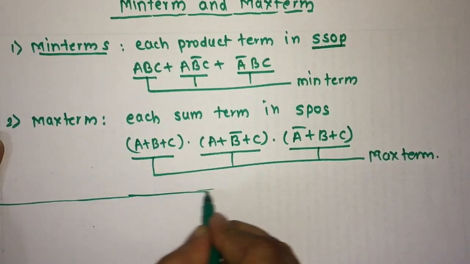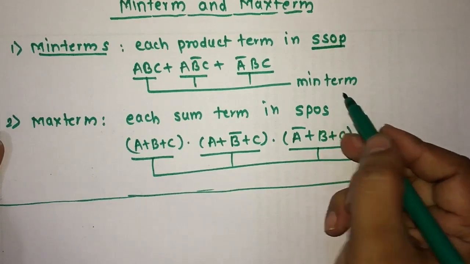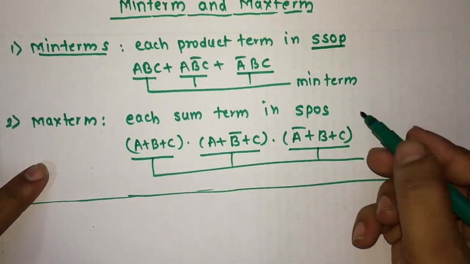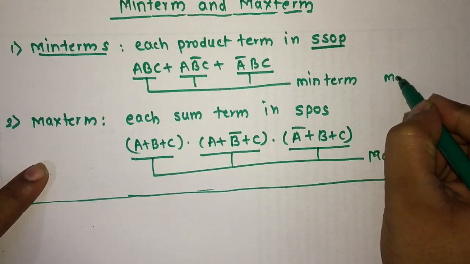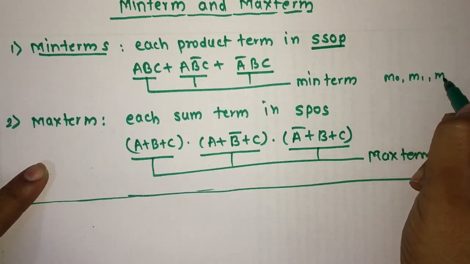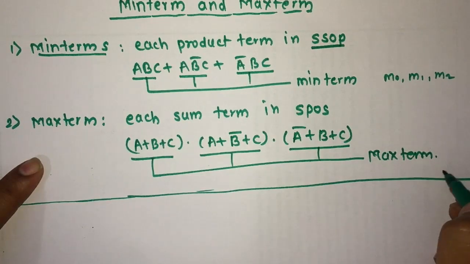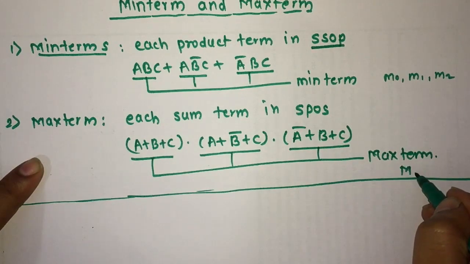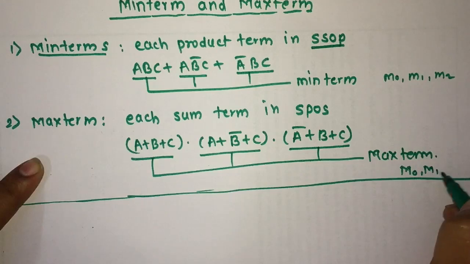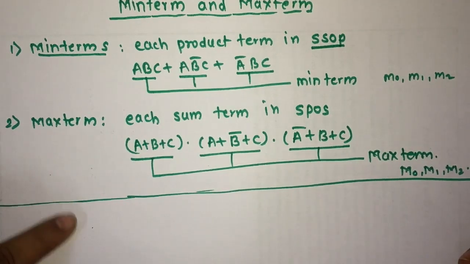Now these minterms will be indicated by some numbers, like m0, m1, m2, and the maxterms will be indicated by capital M and the number, capital M0, M1, M2, like this, capital M suffix n.